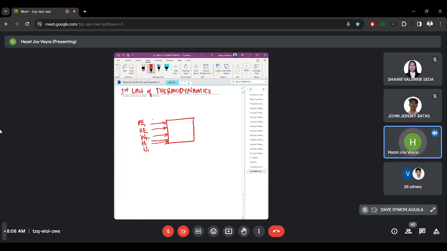Of course, yung heat added to the system, meron din tayo. And when heat is added to the system, expect that there will be work na mapoproduce. Si PE2, meron din. Lalabas rin si KE1. Lalabas rin si flow work. Lalabas rin si enthalpy and internal energy.